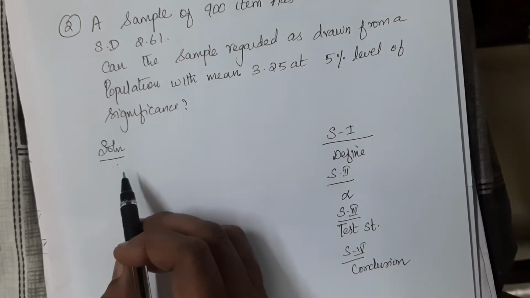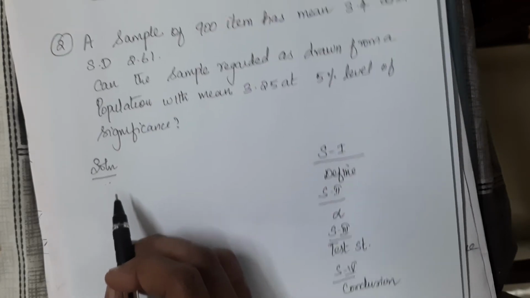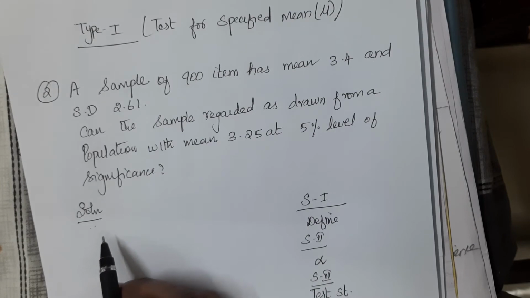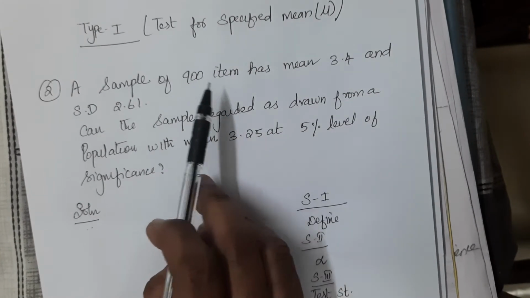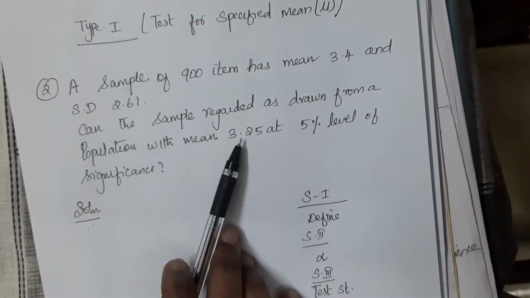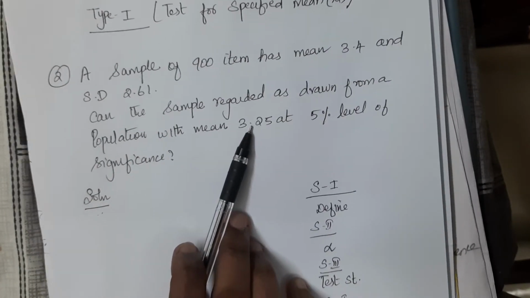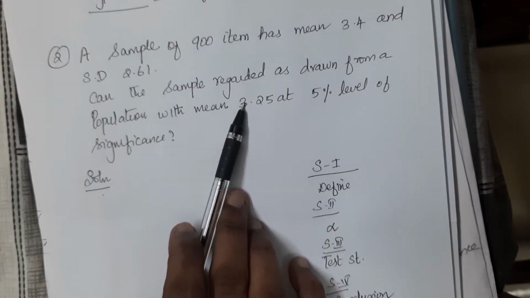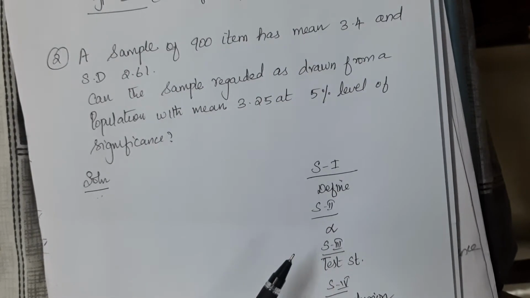Before applying this procedure, for our convenience and understanding of the data, we must always transform the given statement into mathematical notation, which will give us an idea of how to work out the problem.